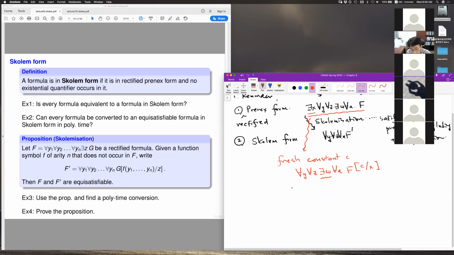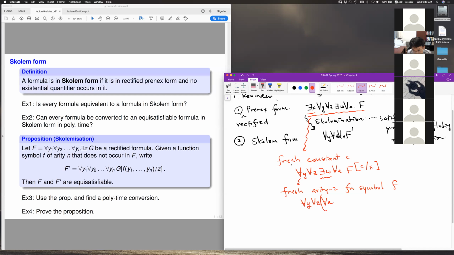So we introduce a new function symbol, small f, of arity 2, and then we essentially apply the proposition. I just applied this proposition in a simpler form.